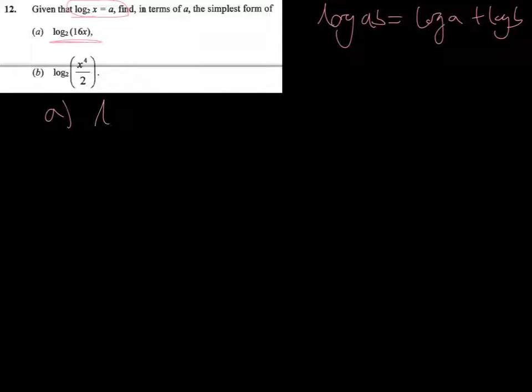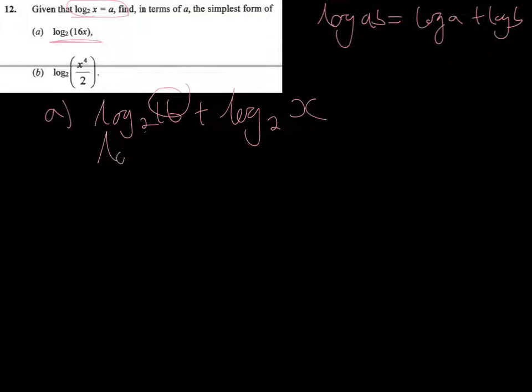So very much like the previous question, we're just going to use the log rule that log ab is the same as log a plus log b to rewrite this as log to the base 2 of 16 plus log to the base 2 of x. And again then here, because we've got a base 2, we want to try and express 16 in base 2.